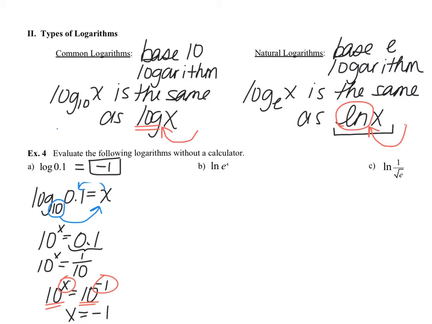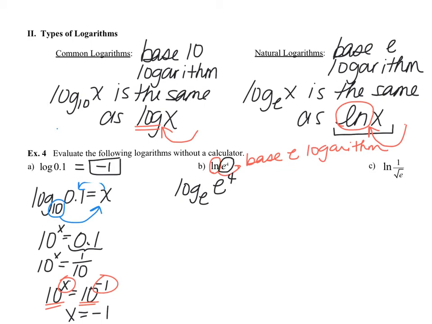We have natural log of e to the fourth power. Because this is a natural log, we know that it is a base e logarithm. So I'm going to go ahead and rewrite this with log base e, and then I'm taking the log of e to the fourth power. Remember, e to the fourth, we call that the argument.